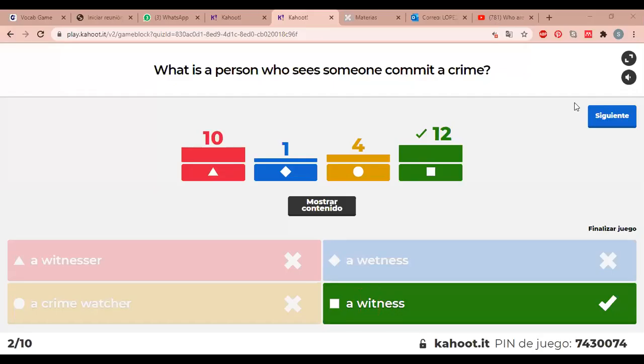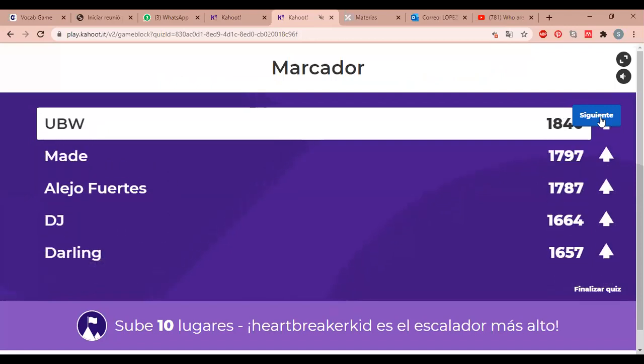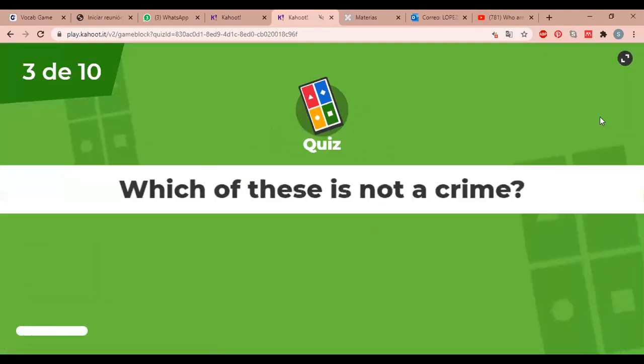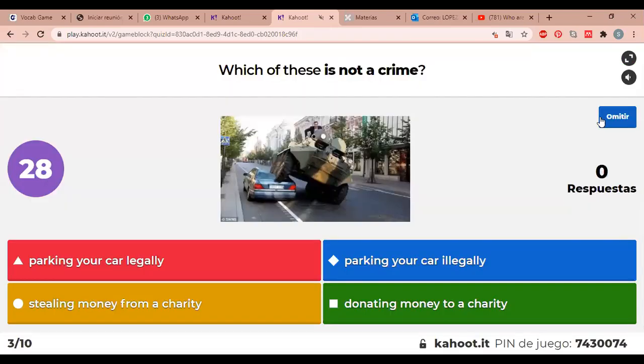Let's see our third question. Number 3. Which of these is not a crime? Parking your car legally, parking your car illegally, donating money to a charity, stealing money from a charity.